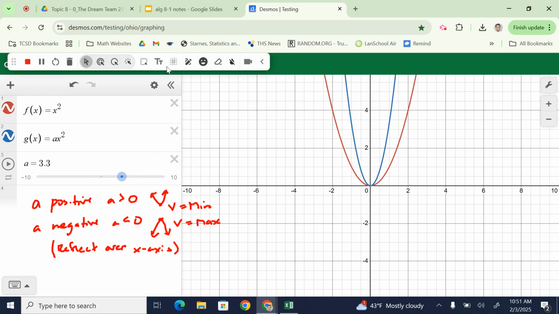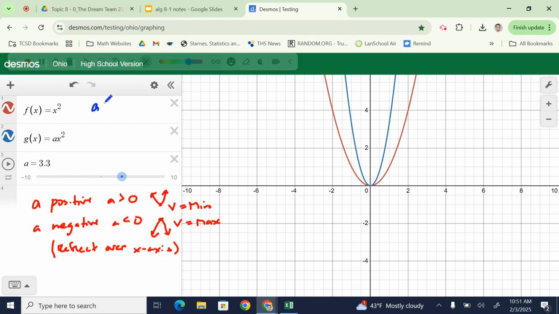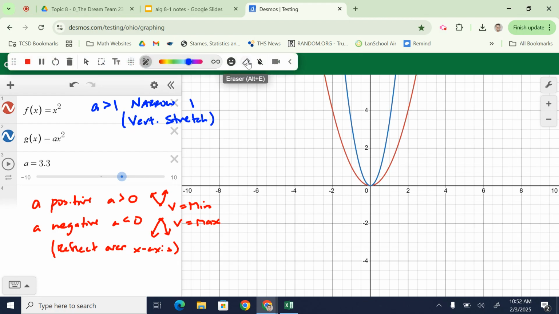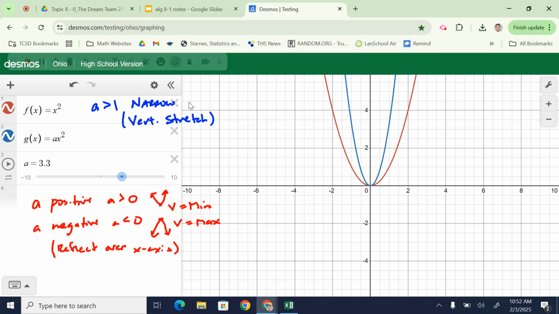We call that a stretch. So if your a value is greater than 1, this thing is going to get narrower, or we call this a vertical stretch. It elongates. So again, just trying to tie in some words you might have heard in the past or that you'll see in the future.